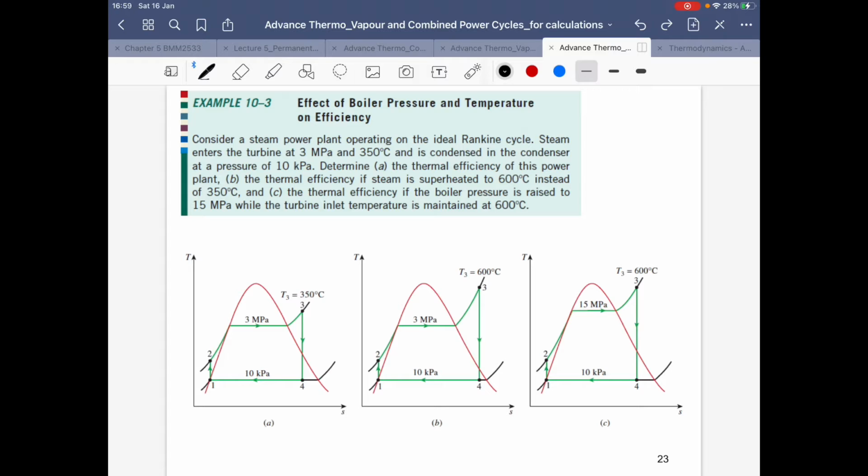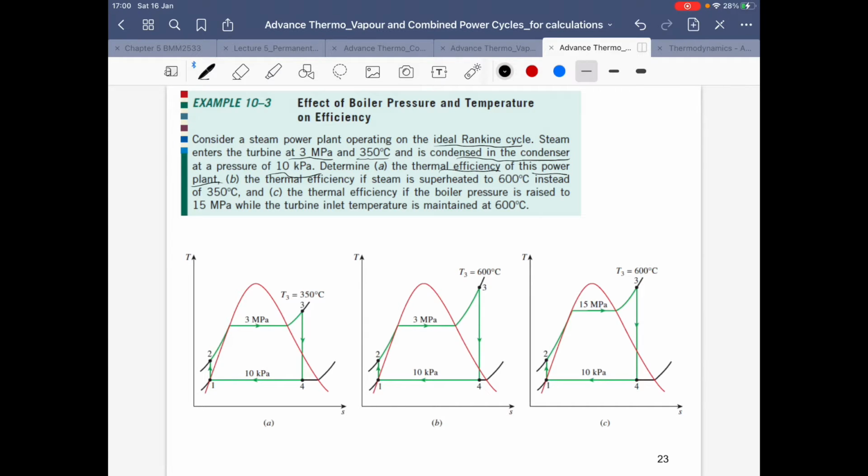Consider a steam power plant operating on the ideal Rankine cycle. Steam enters the turbine at 3 megapascal and 350 degrees C and is condensed in the condenser at a pressure of 10 kilopascal. So they have three questions overall. Question A is determine the thermal efficiency of this power plant.